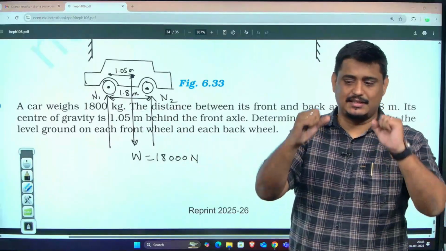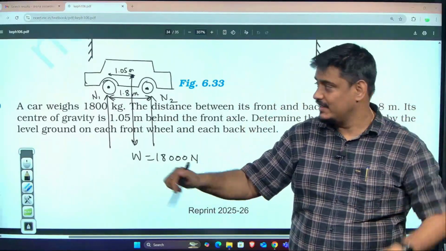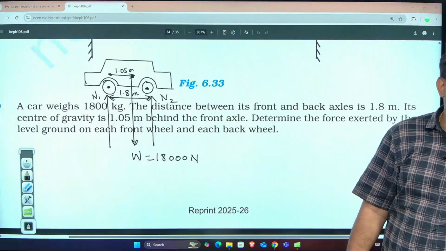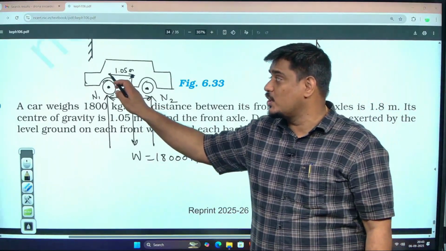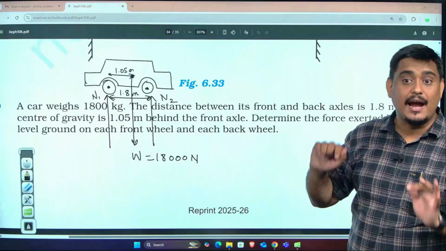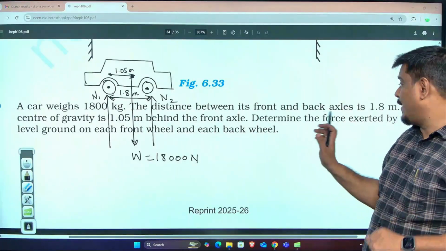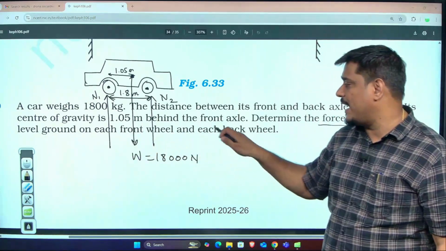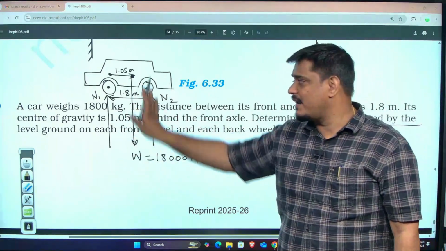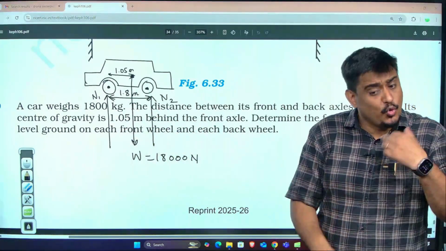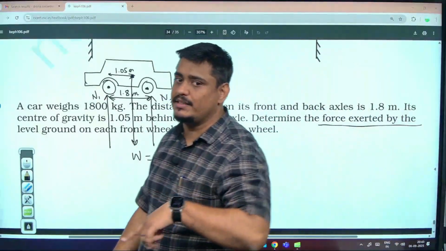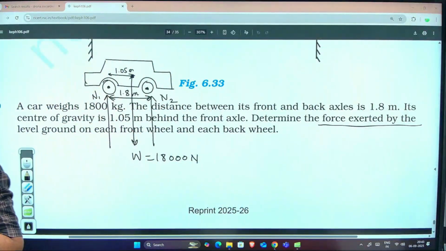Axle means that rod which joins the two wheels. So between the front and the back is 1.8 meter, and they have told the center of gravity is 1.05 meter from the front axle. And what are they asking you to find? They are asking you to find the force exerted by the ground on each front wheel and each back wheel. It means N1 and N2 they are asking you to find. Since we have two wheels in front and two wheels in back, whenever you get the value of N1, divide by 2 to get the correct answer for each wheel. Are you getting my point?